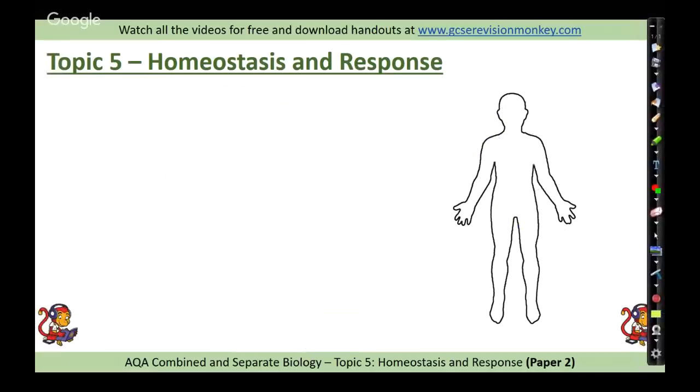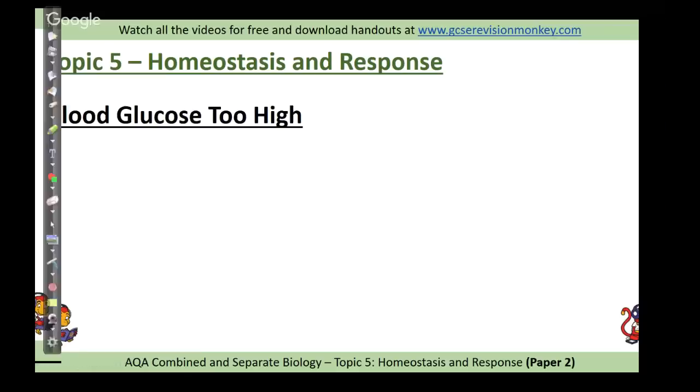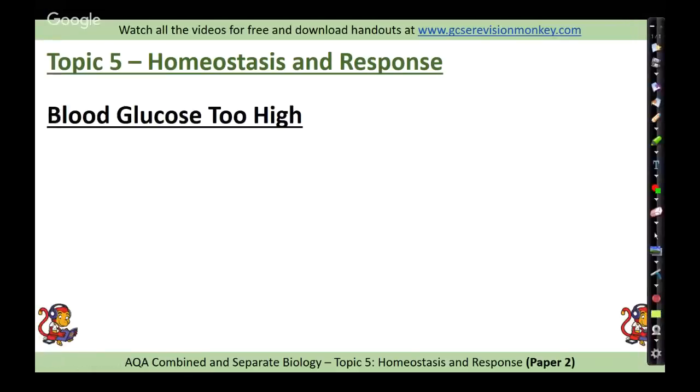In homeostasis, one of the things that's important for us to maintain is our blood glucose levels. And for foundation, you need to know the response that occurs when the blood glucose is too high. So this is the sugar that's in your blood. If it's too high, the pancreas releases a hormone called insulin into the blood. You might have heard of insulin before and people injecting insulin if they've got diabetes, but normally we produce it naturally via our pancreas.